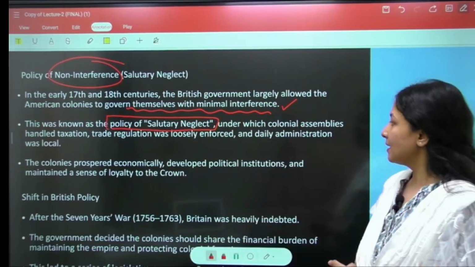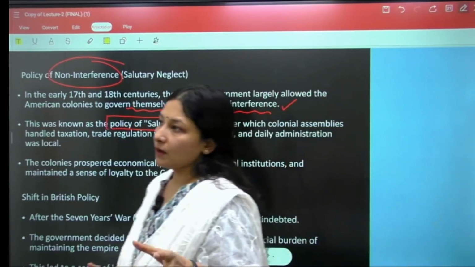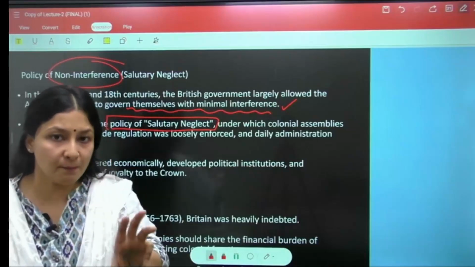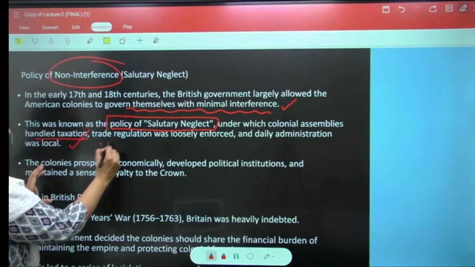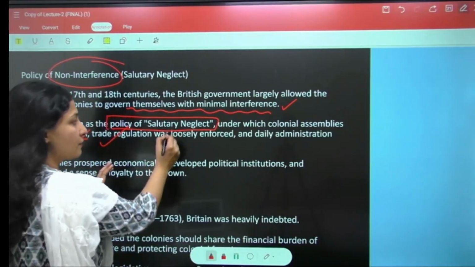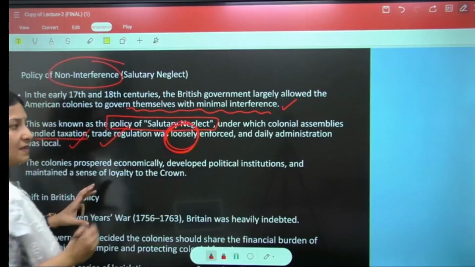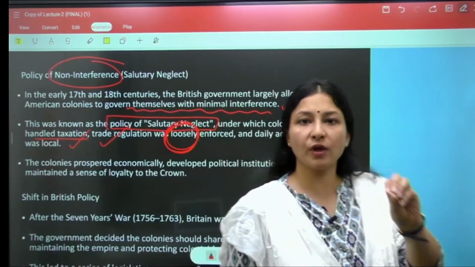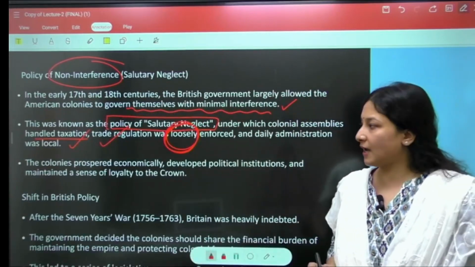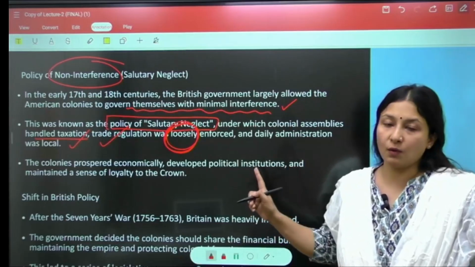The colonies that assembled there handled the trade regulation at a very loose stage. They were not poking their nose into the day-to-day administration initially.